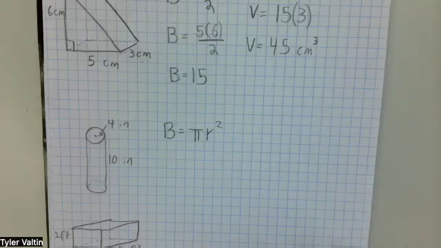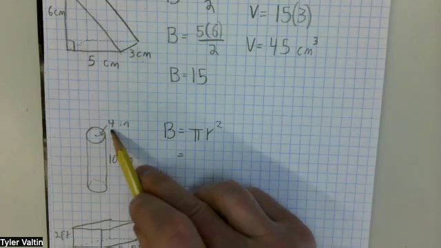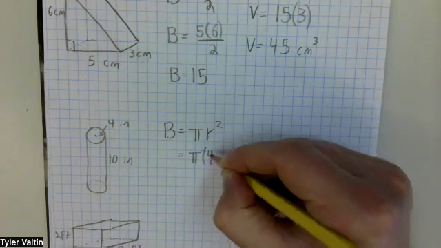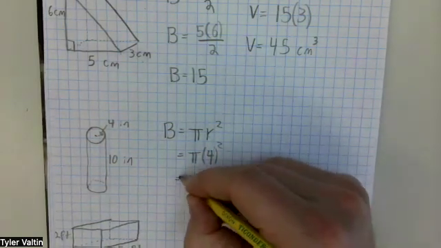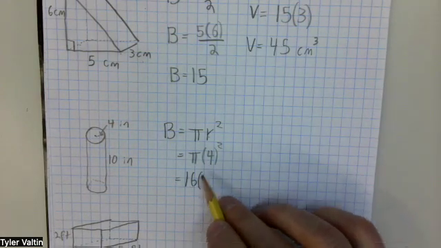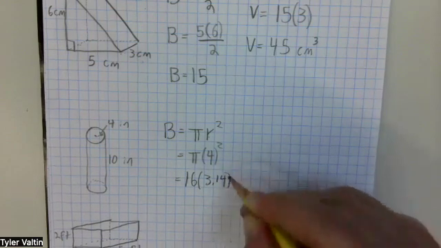In this case, the radius is 4 inches. So I'm just going to replace r with 4 and square that. 4 squared is 16, and I'm going to multiply that by 3.14 for pi.